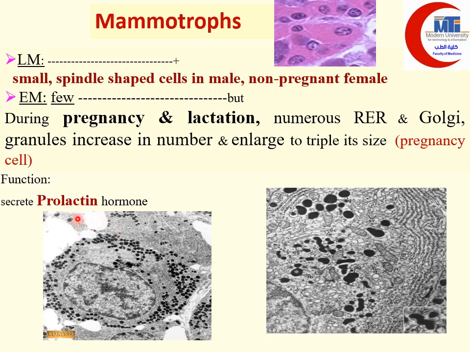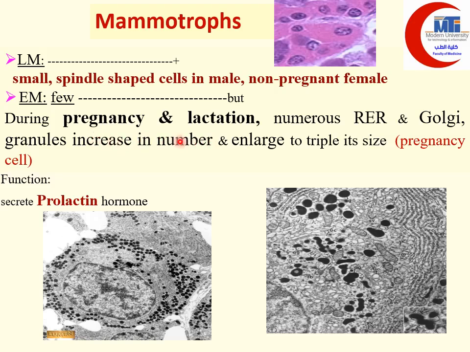Prolactin is secreted especially in pregnancy and lactation. Why? Because during these periods there is a high estrogen level, and prolactin causes development of the mammary glands in pregnancy and milk secretion in lactation.